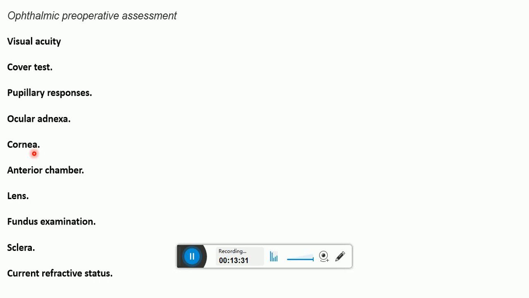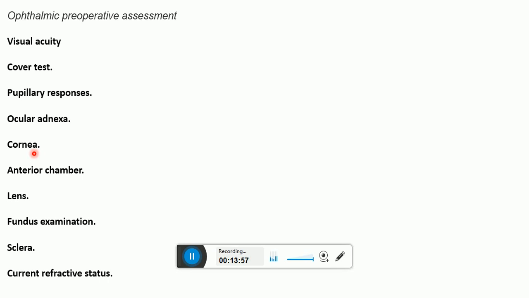A poor red reflex compromises the creation of a capsulorhexis, but can be largely overcome by staining the capsule with trypan blue. So always have trypan blue on board before surgery.